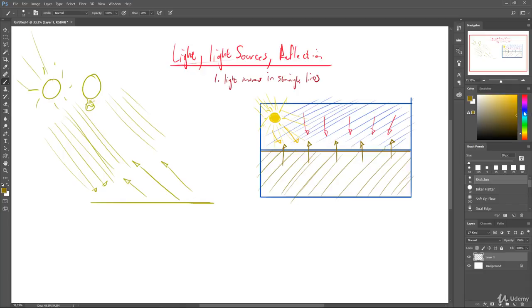Now, in this instance, we would technically call the sun the key light because it's the brightest and the main light source. The sky would be our secondary light source, or you could call it the ambient light source as well, but let's keep it secondary for now.